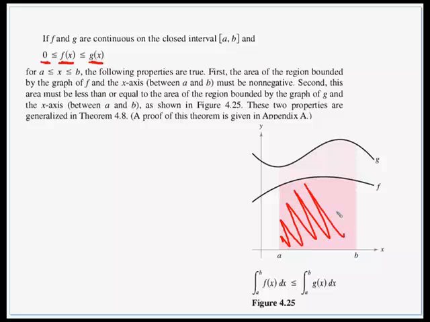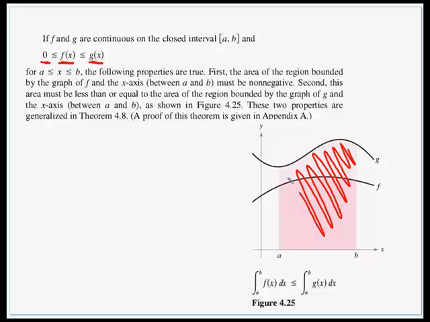Here's our function between f and the x-axis. That is definitely non-negative. Second, the area must be less than or equal to the area of the region bounded by g and the x-axis. So the area under g is always greater than the area just under f. And that makes sense geometrically, because g is always higher than f.